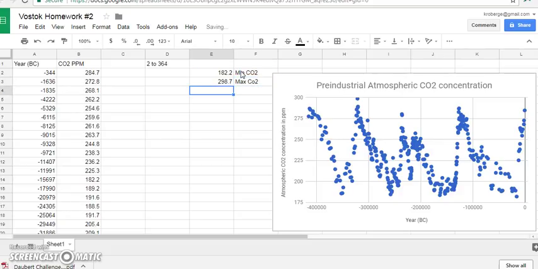And then if I want the range, all I have to do is click one of these cells, that's E3, minus, click the other one, E2, hit enter, and it does the subtraction for me. So this is part of the utility of a spreadsheet, is you can do a lot of calculations directly in the spreadsheet. So I ask you to do this for the Mauna Loa data as well, and then to compare the range, how much is fluctuating.